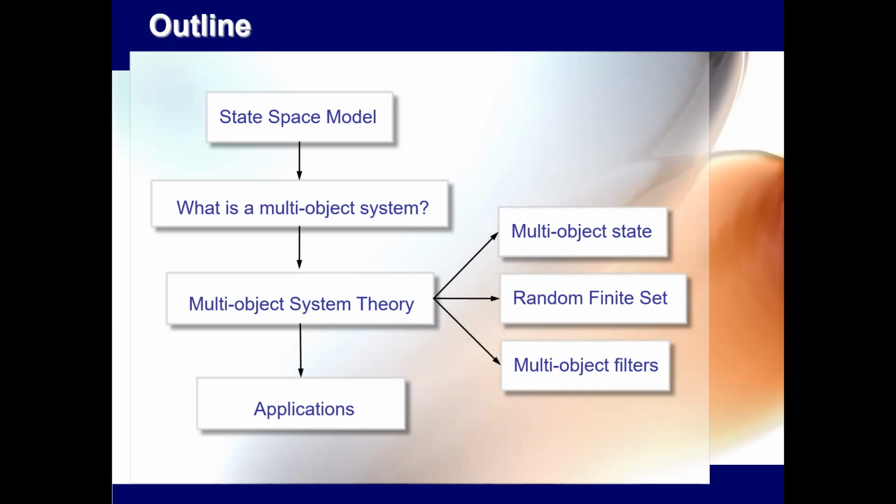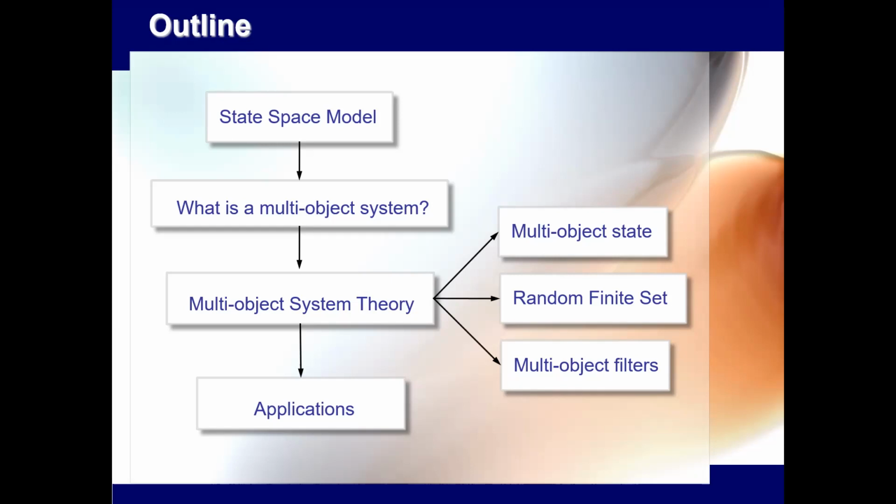The theory consists of three parts mainly. First, the states, which could be the 2D location of a moving object, or any state of the object, could be a random variable. As I said, there are two randomnesses: the number of objects, and the randomness in the state.